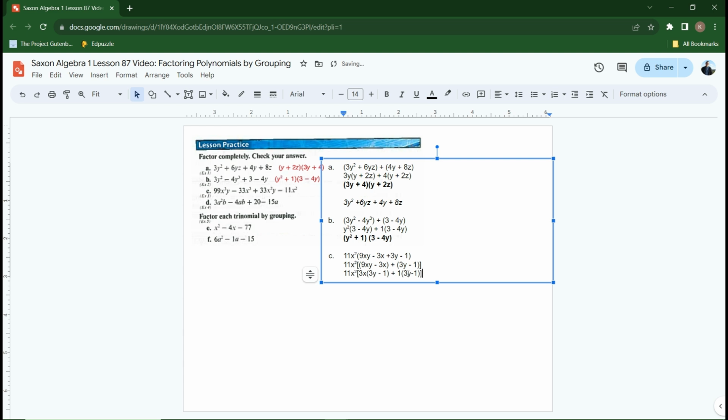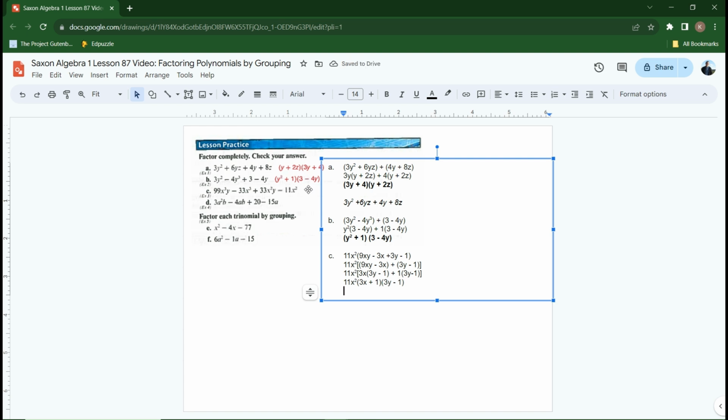Okay, so now I just need to put these together as their own sets of terms here. So it's going to be 11x squared times, let's see, 3x plus 1. I'm taking the term from in front of here, the sign here, and the term from in front of the second one, 3y minus 1. And that is how we do it.